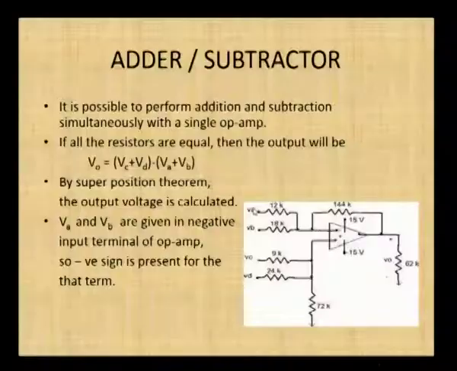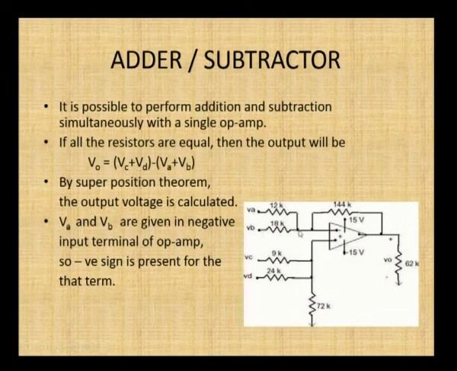So, here VA and VB both are summed up at this node and it is given to the negative terminal of the operational amplifier, and VC, VD both are summed up and given to the positive terminal of the operational amplifier.